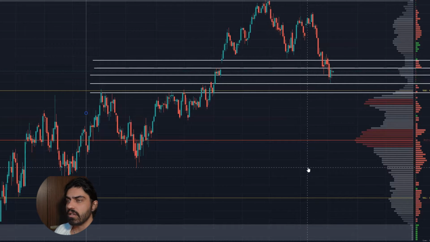Now, when we look at inflection points, an inflection point is an area where the market actually changes its structural dynamics, so it actually turns and starts moving in the opposite direction. So if a market is going up aggressively, there's going to be an inflection point where the market turns down. If a market's going down aggressively, there's going to be an inflection point where the market turns up.